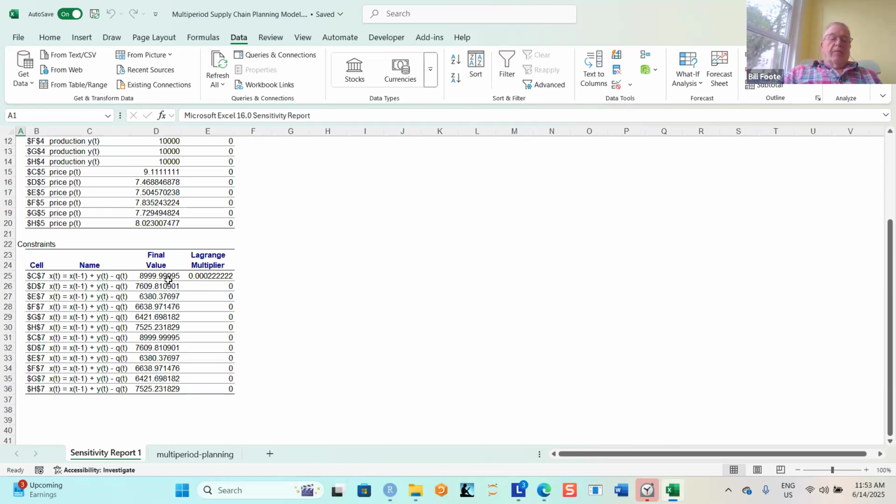The first one, that first period, if you change that inventory constraint somehow by 1 unit, and the way you would do it is the initial condition, you will increase revenue by this much.